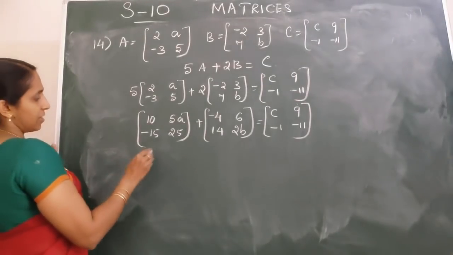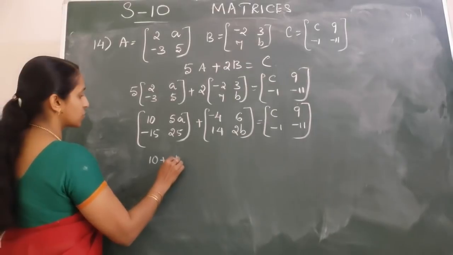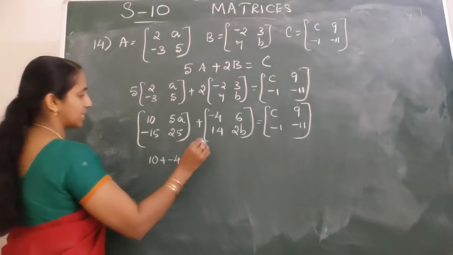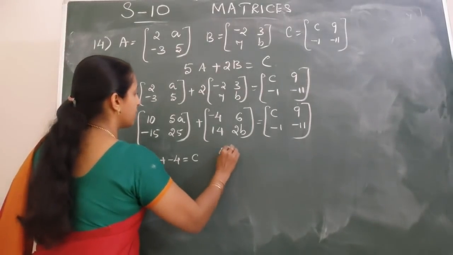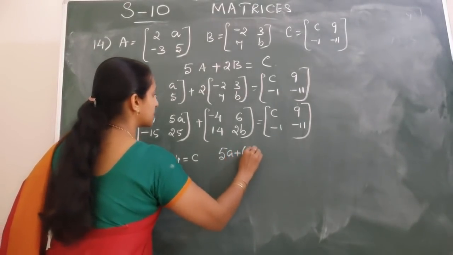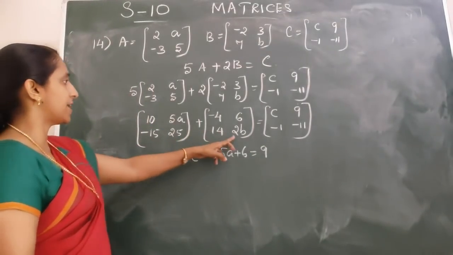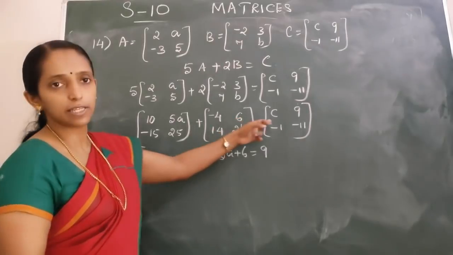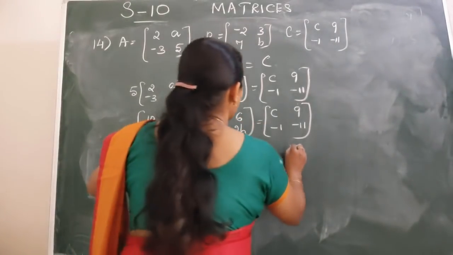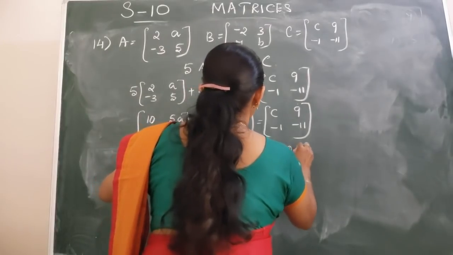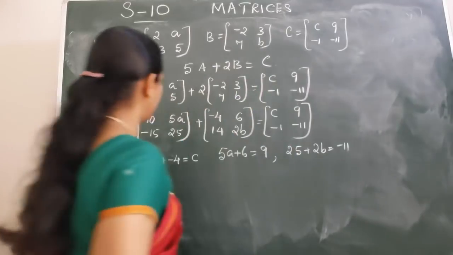And simplify now. What to do? 10 plus minus 4 equal to C. First element. Second element: 5A plus 6 equal to 9. And you have to find B value. Here all these are constant, no need of equating. And the third one, 25 plus 2B equal to minus 11.